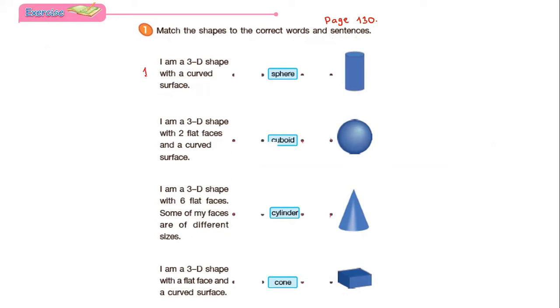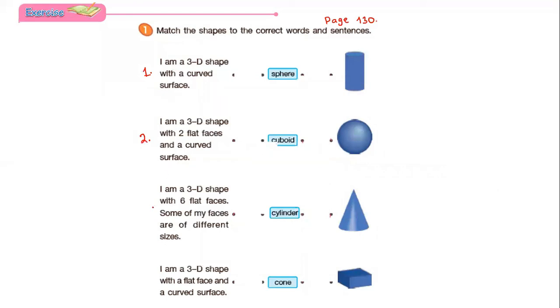Number 1, I am a 3D shape with a curved surface. Number 2, I am a 3D shape with two flat faces and a curved surface.